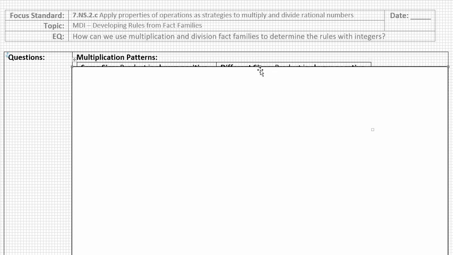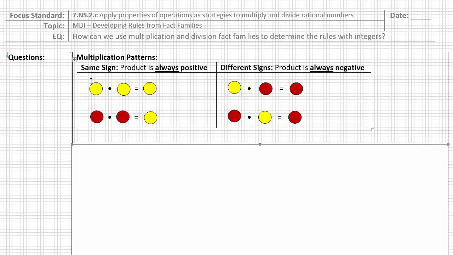So I'd like to start off today talking about a few multiplication patterns that we have discussed in class and just finalize and have a place to think about those. One thing that we've noticed is that there's definitely a difference when multiplying with the same sign versus different signs.